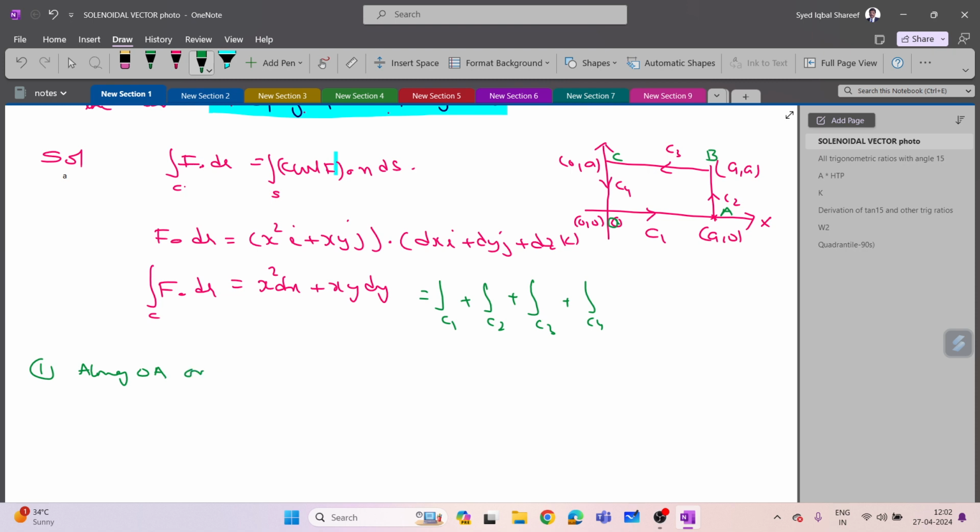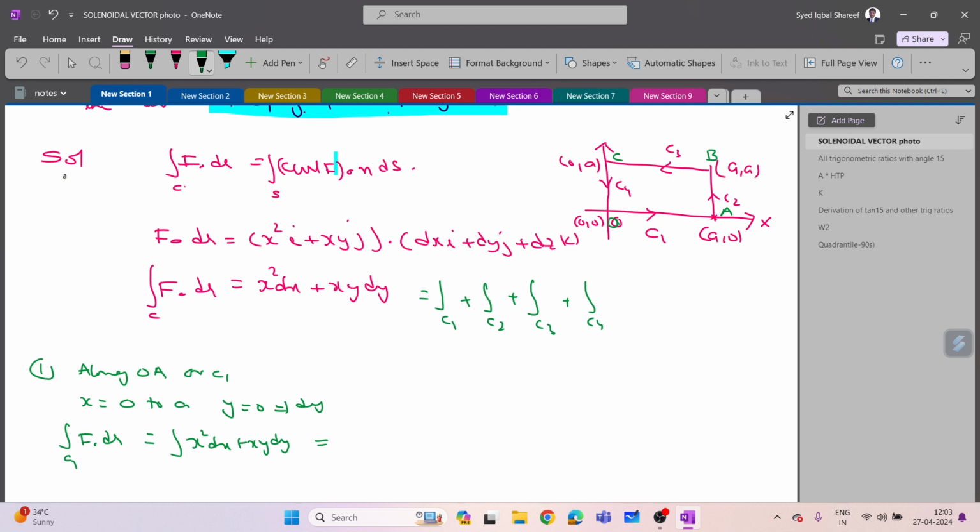Along OA or C1, what is our x? x equal to 0 to a and y equal to 0 to 0. From here to here, 0 to 0. That means y is constant, dy equal to 0. So the integral over the curve C1 of F dot dr is the same as x squared dx plus xy dy.